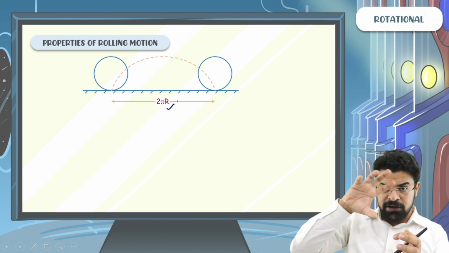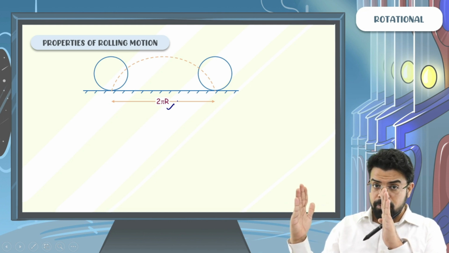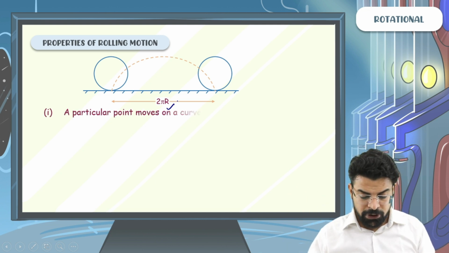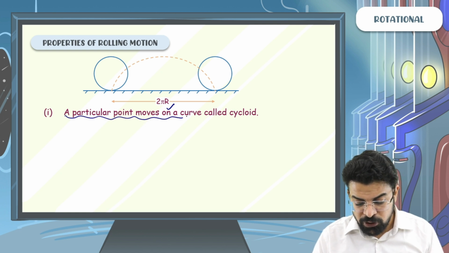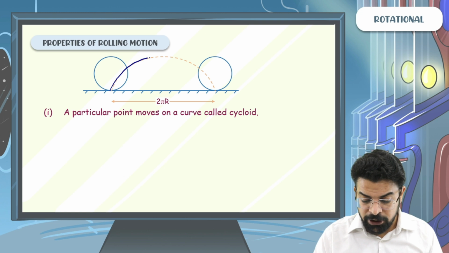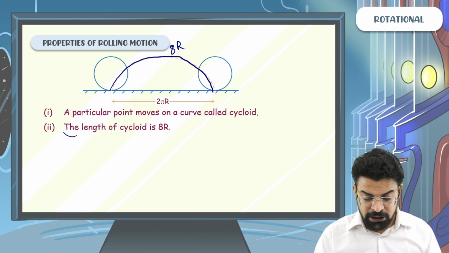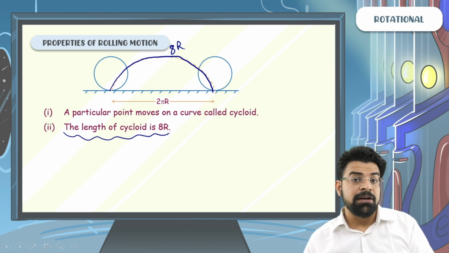When the wheel turns once, the center moves a distance forward equal to 2 pi r. So a particular point moves on a curve called the cycloid. The length of the cycloid is nothing but 8 times the radius.